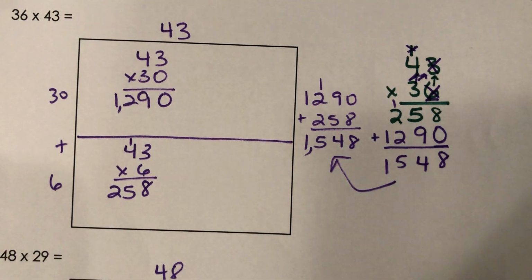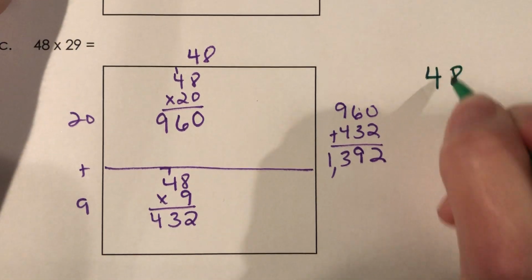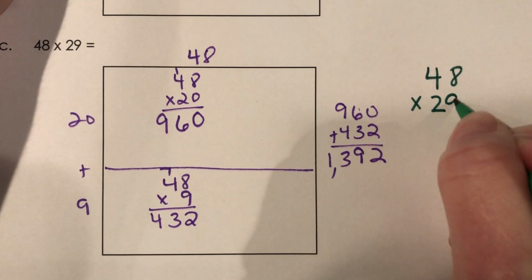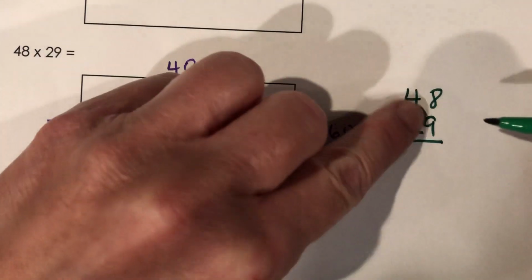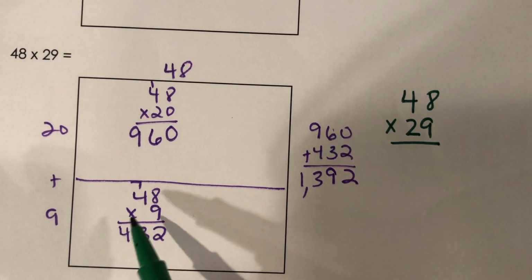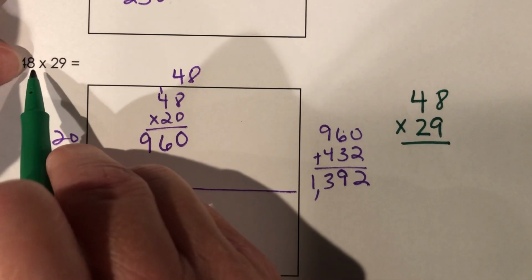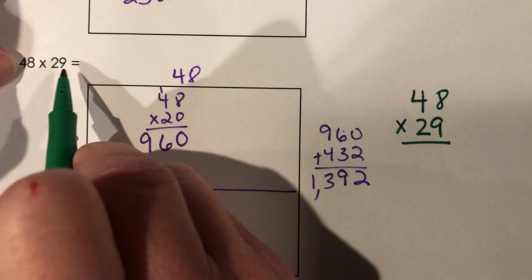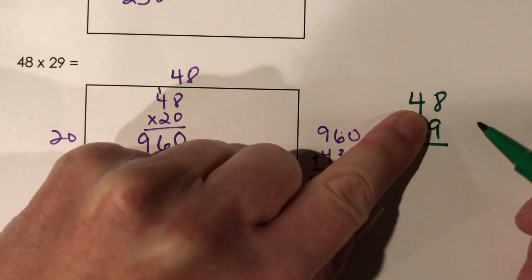Okay, next. I have 48 times 29, and that's how I did it here. We're going to start off, again, just doing 48 times 9. That's what we did down here, right? So in 48 times 29, you take the 48 times the 20, you take the 48 times the 9, but when you do it in the standard algorithm, we start with the ones place.